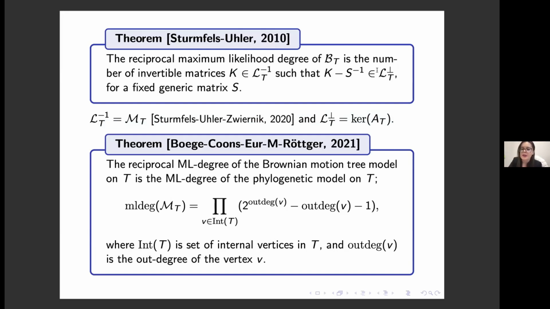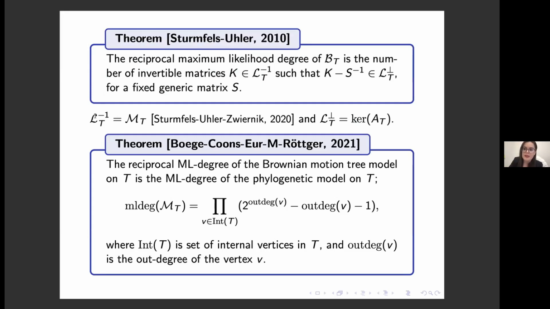And the perpendicular space L perp of T happens to be the kernel of A of T. So in other words, this theorem here with these new observations is exactly the definition of the maximum likelihood degree of the phylogenetic toric model that I mentioned earlier.